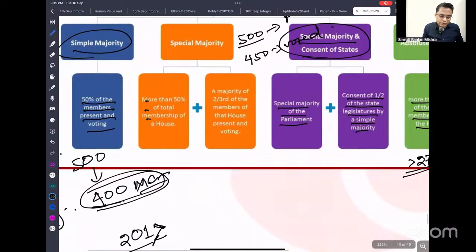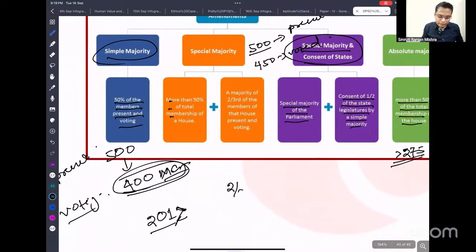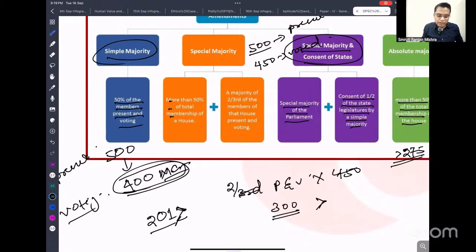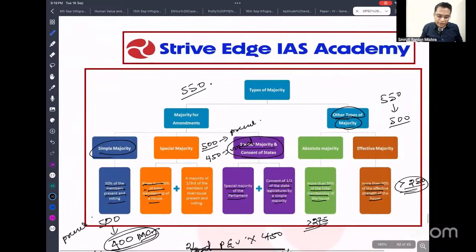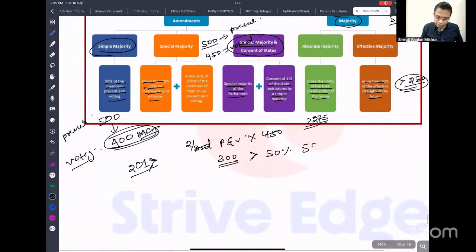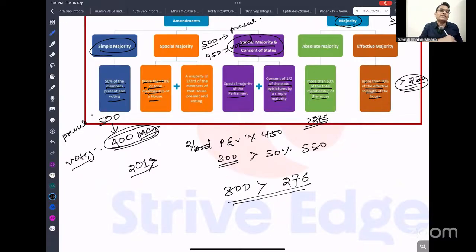So in that case, 2/3 of present and voting means 2/3 of 450, which gives you 300. So this is 300, and this 300 should be more than 50% of the membership of the house. How much is 50% of the membership? The membership is 550, so 300 should be more than 50%, which means 276. Yes. In that case, then only the bill is passed and gets the approval.